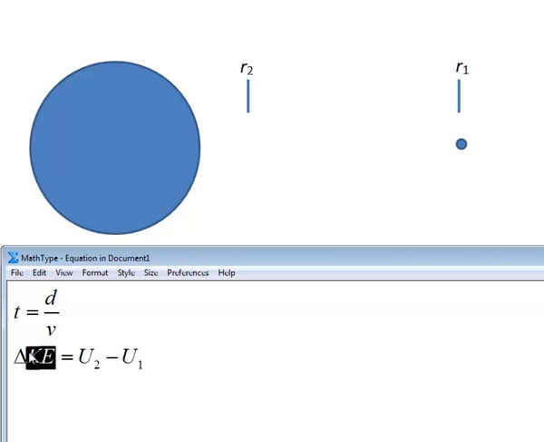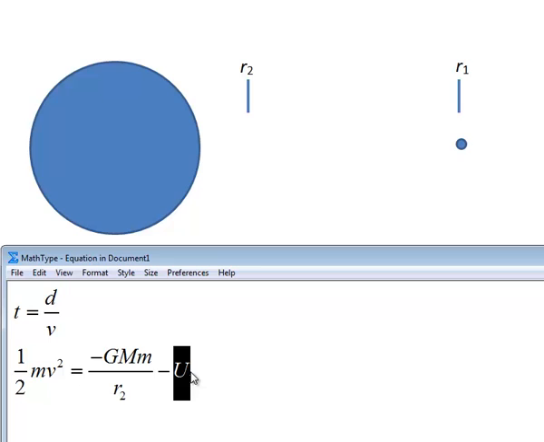So this gives us 1/2 mv squared equals negative G m1 m2 over radius 2, minus negative G m1 m2 over radius 1.